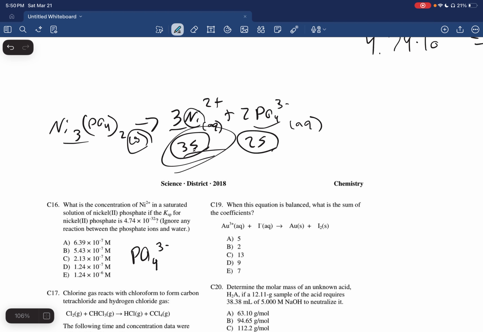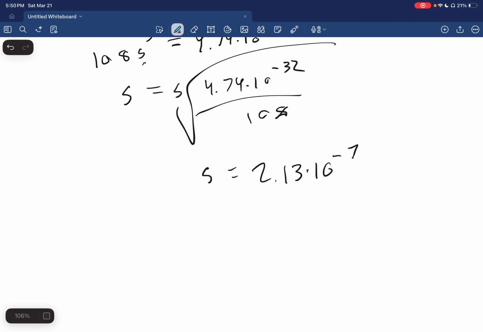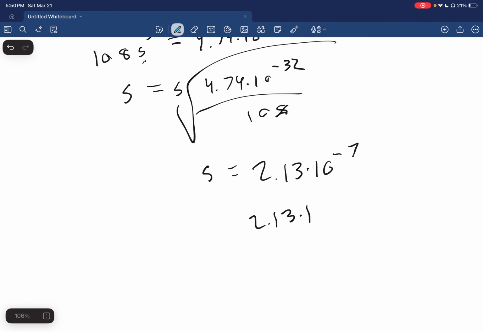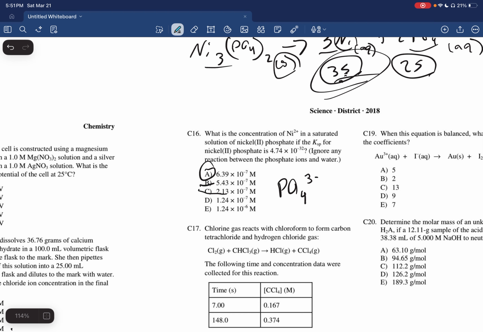But remember, our nickel concentration, you see that's answer choice B right here, or C, but remember our nickel concentration has actually 3 times that. So we need to multiply this by 3 to get our final concentration. And so that'll come out to be 6.39 times 10 to the negative 7 as our final nickel ion concentration, which looks to be answer choice A right here.